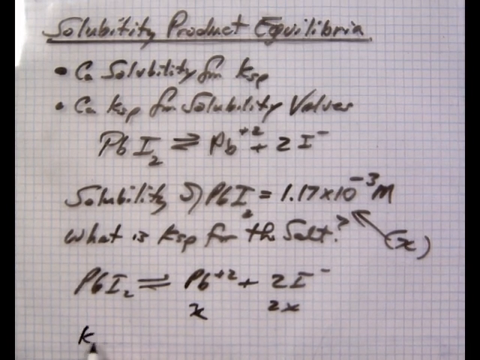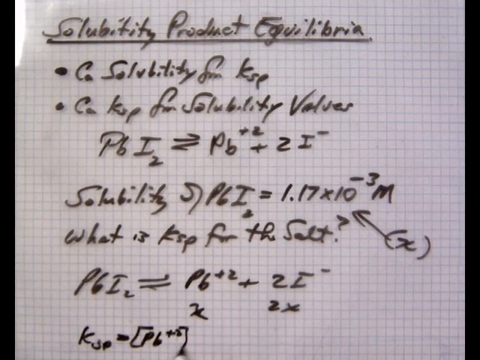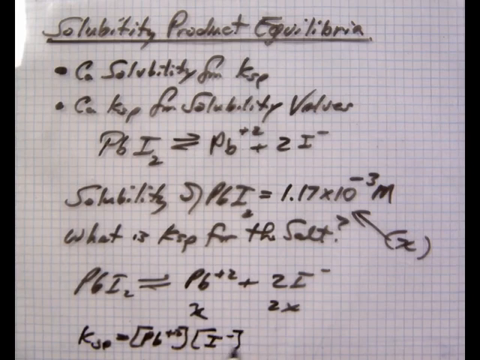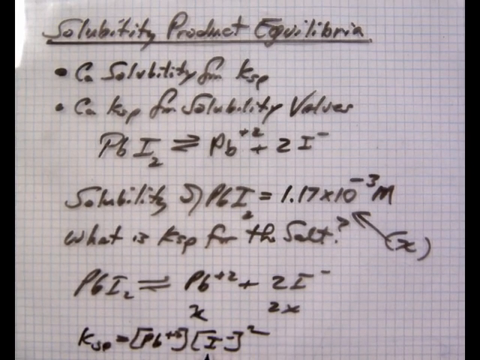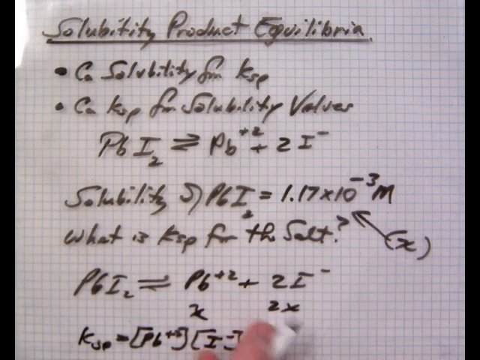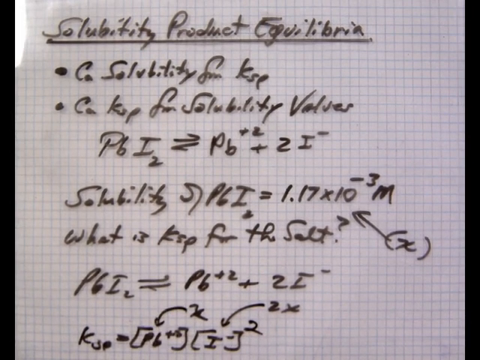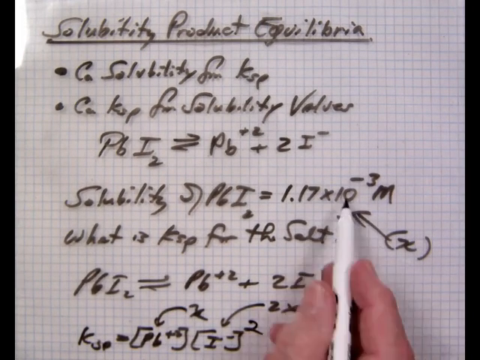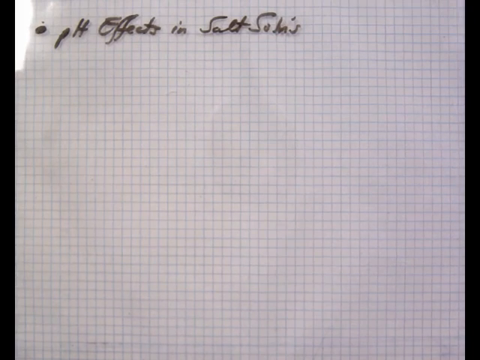And then put it in the KSP expression, lead and iodide squared. Don't put 2X in there and then square it as 2 times 2, that's wrong. So that one would go there, and that one would go there, whatever they are, and there's your X, and you substitute your numbers. You got it. It has 2 parts to it.